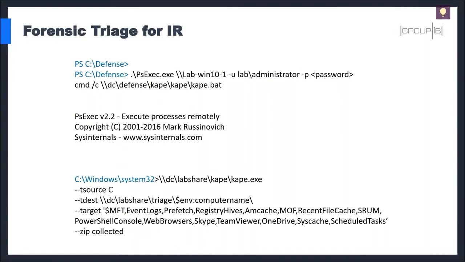Targets are MFT, event logs, prefetch files, registry hives, cache, recent cache files from the PowerShell console, web browsers, Skype, TeamViewer, OneDrive, Syscache, scheduled tasks, and so on. Usually we use just MFT, event logs, prefetch, registry, and sometimes scheduled tasks.